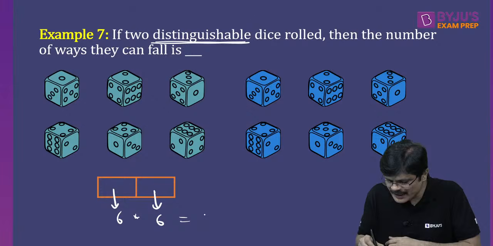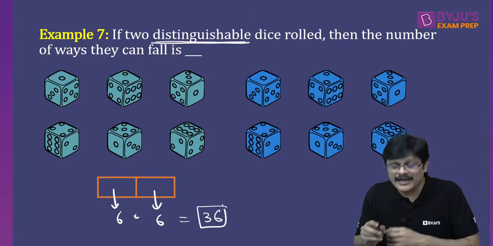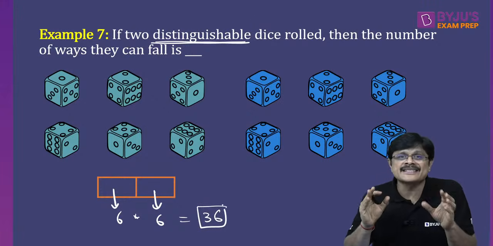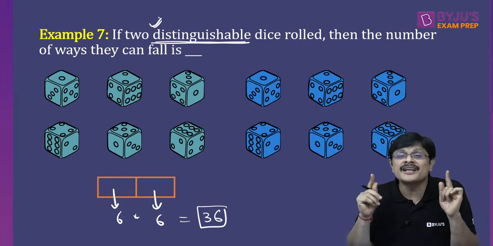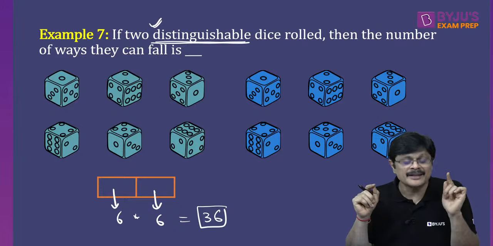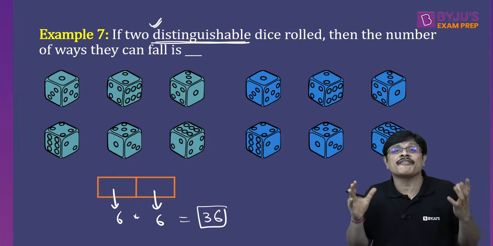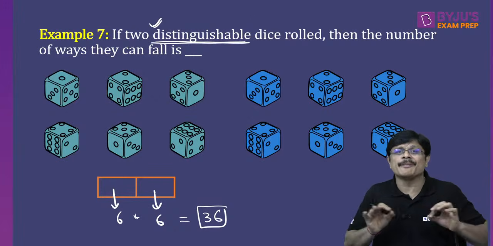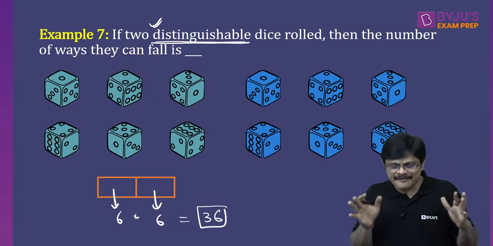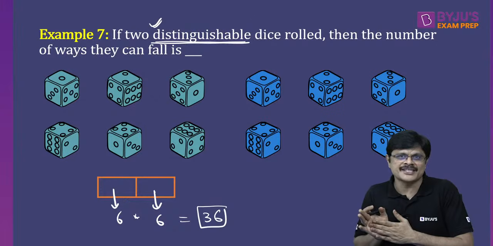So the answer would be 36. See, my dear friend, by default when you say dice are rolled, we assume that they are distinguishable dice. Distinguishable means they have different color or different shape or different size. That is what you mean by distinguishable. You can identify them as, okay, this is different and this is different.